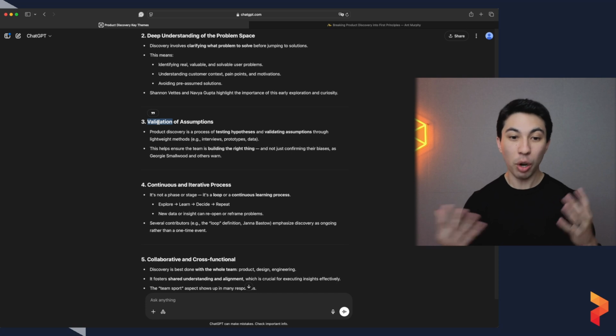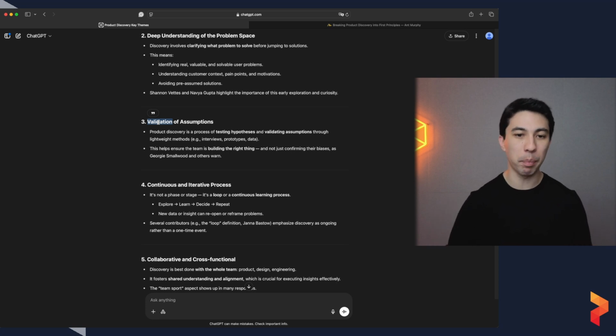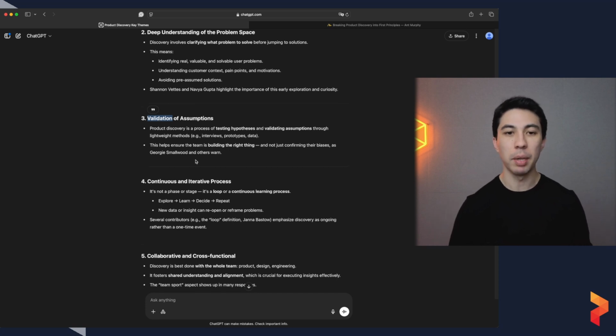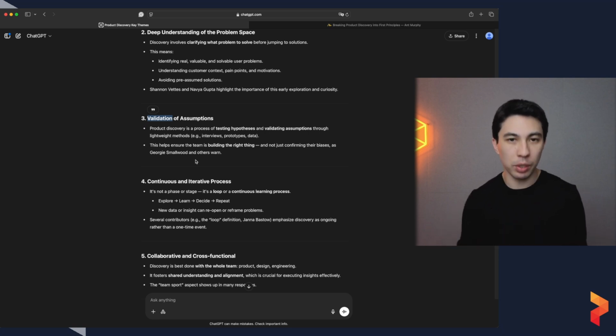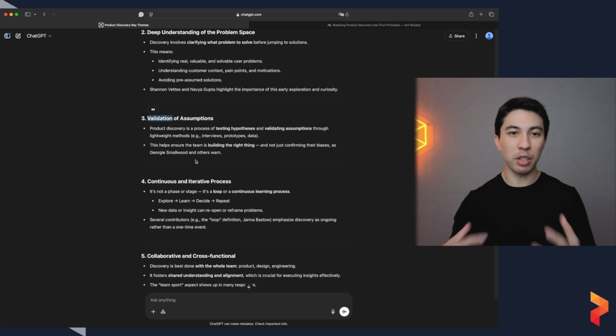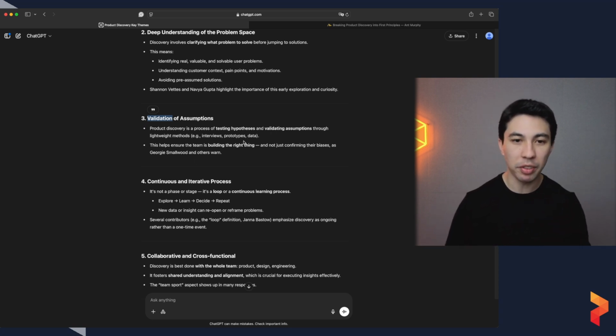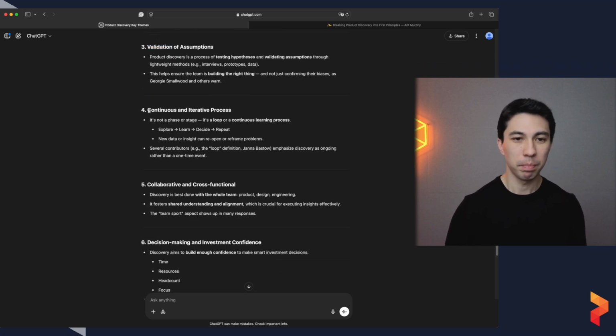We gain confidence is what I say, and that's a theme that I picked up, and we'll see if ChatGPT picked that up. But the way that I think about it is that it's not about validating assumptions, it's about gaining confidence, right? So we test our assumptions to gain some confidence about whether that assumption is true or not. So that's how I think about that. Semantics though, whatever, all right?